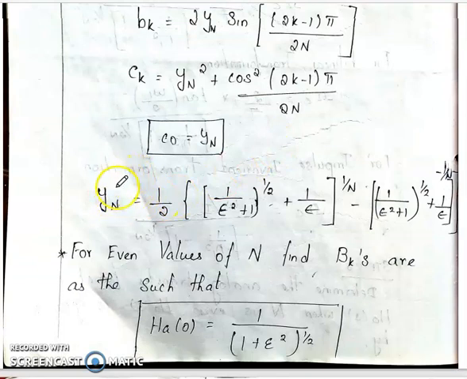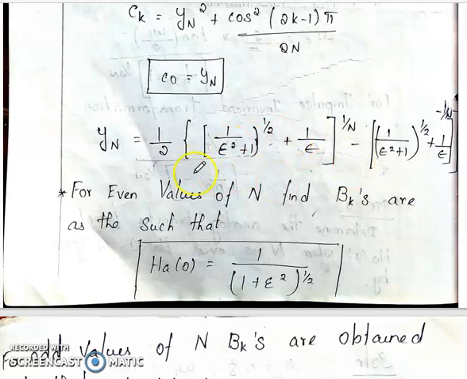So this c0 value is equal to γn. This γn value depends on this formula: (1/2)[((1/η²+1)^(1/2) + 1/η)^(1/n) minus ((1/η²+1)^(1/2) + 1/η)^(-1/n)]. So here plus and here will be minus.